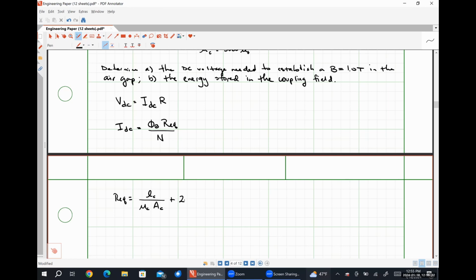So that's where this factor of 2 comes from. So the gap length divided by mu naught Ag. We already know what numerical value all of those different things has. And so this comes out to be 2.669 times 10 to the 6 amp turns per Weber.